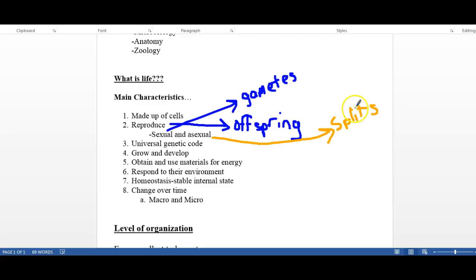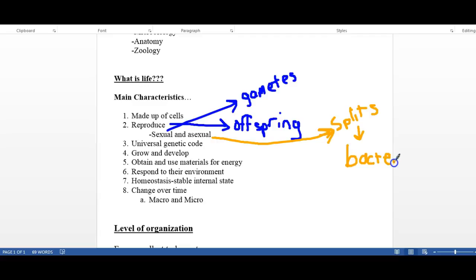The difference in here, though, for something for asexual, it has to be a pretty simple organism, because for something to just split in two and have two complete organisms quickly without a lot of energy, it's not very possible. It's not very likely if you're a very complex organism like a human. Some just split down the middle, the right side and the left side, and you just produce a new organism. It just doesn't work like that. And usually these are small organisms, bacteria, some protists, but very simple organisms.